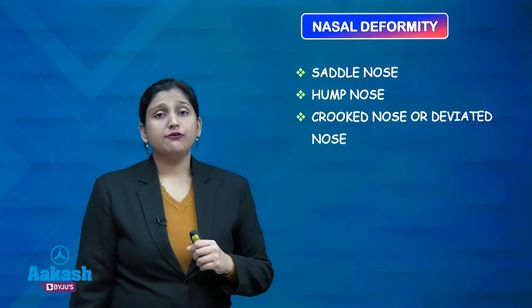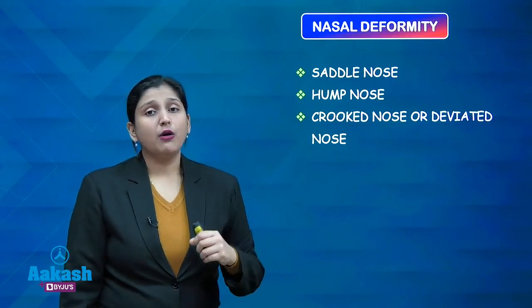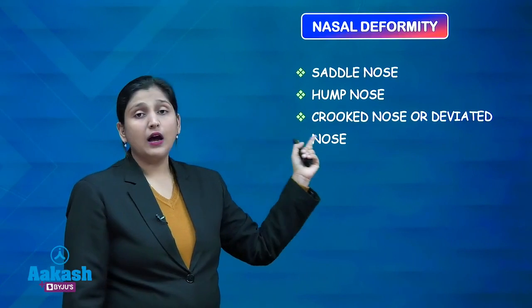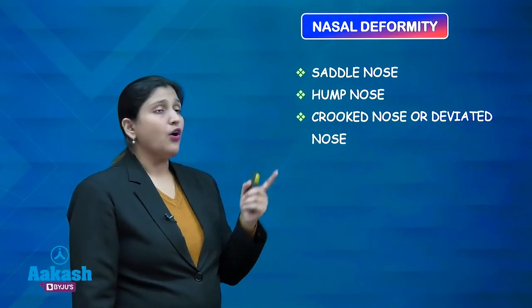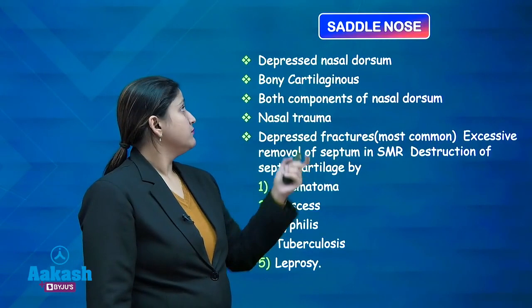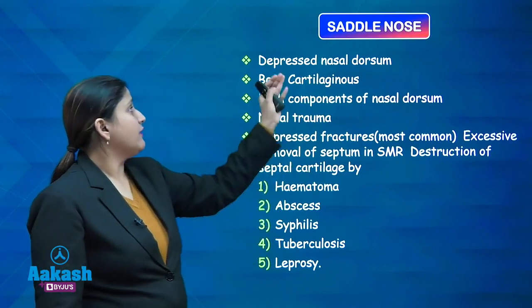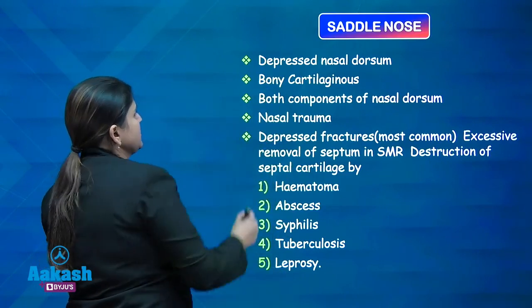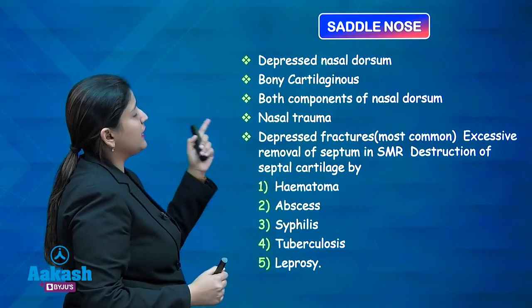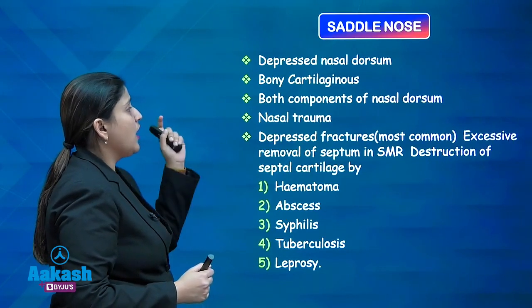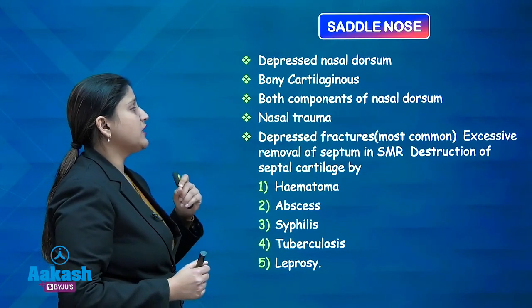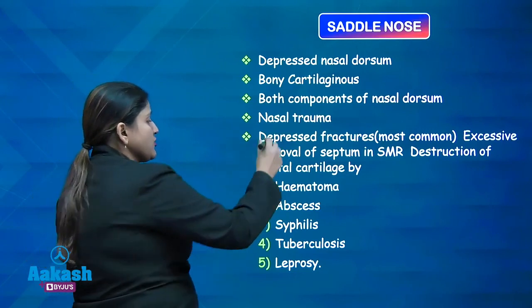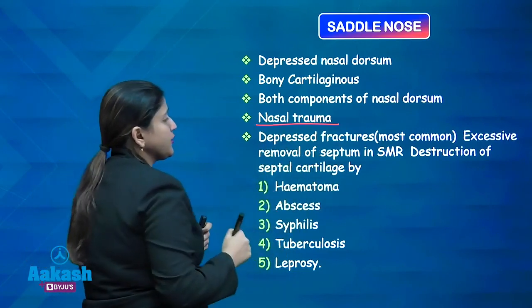Then we come to nasal deformities. The various nasal deformities are saddle nose, hump nose, crooked nose or deviated nose. Saddle nose, if there is a depressed nasal dorsum, it can be either bony or cartilaginous. It can have both components of the nasal dorsum. It is mostly after nasal trauma.